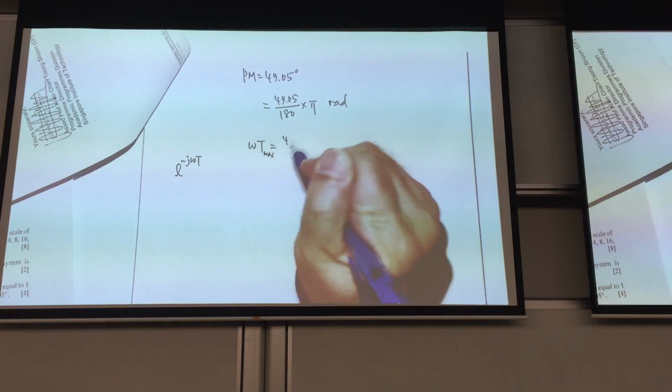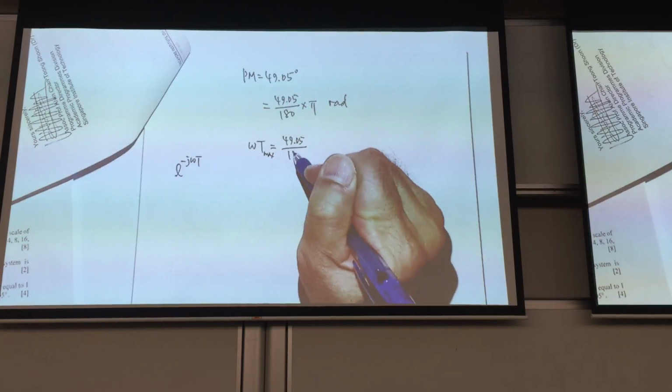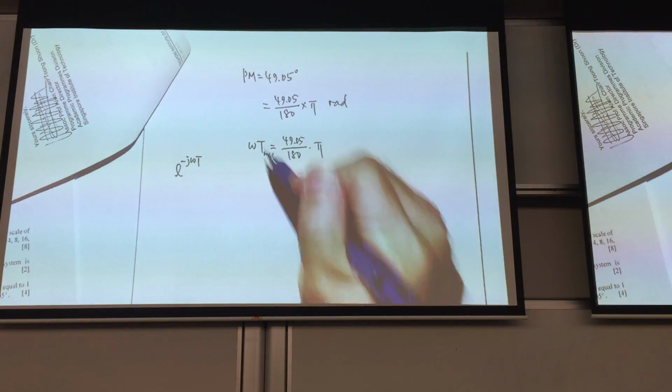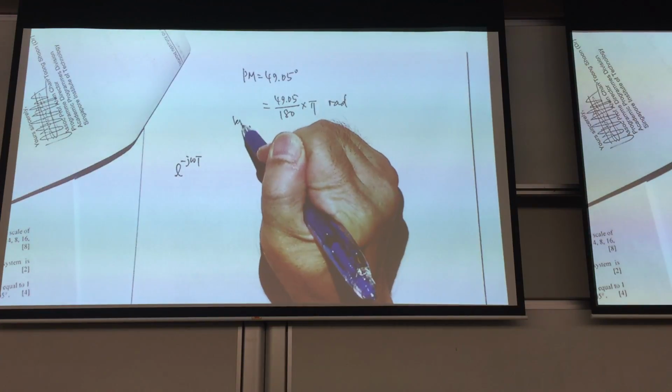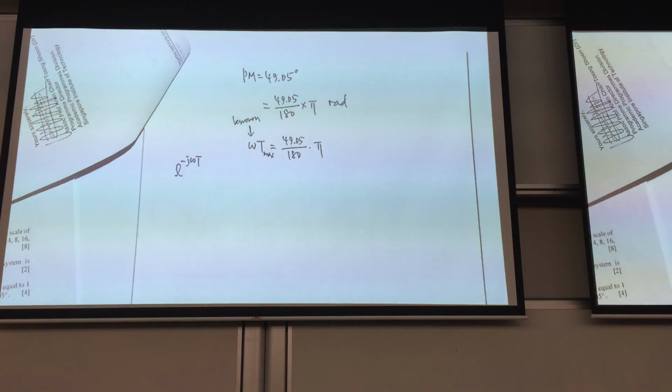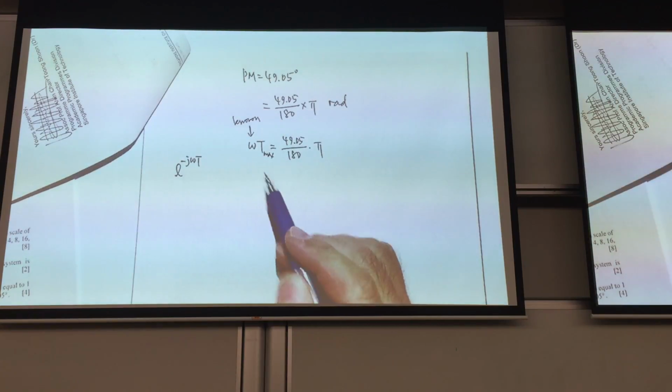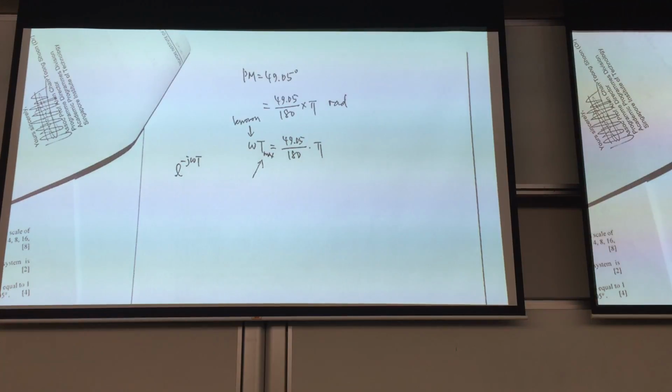So you have 49.05 divided by 180 times pi. And the earlier portion, you would have worked out what is the frequency. So this is a known value. Omega is a known value. This is your phase margin, and from here you can translate it into the maximum delay that you can have before the closed loop system becomes unstable. Agree? Agree?